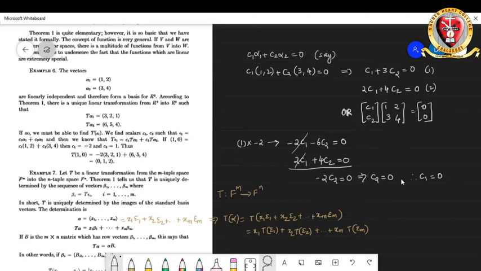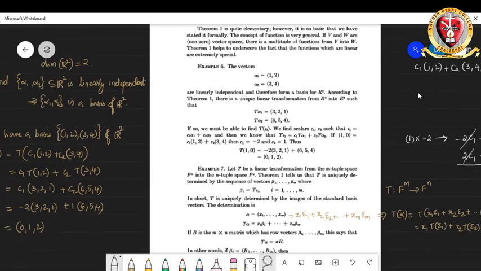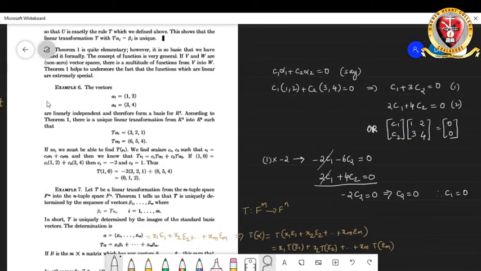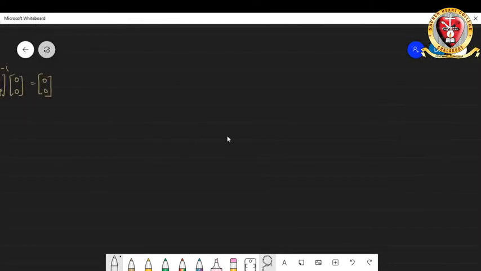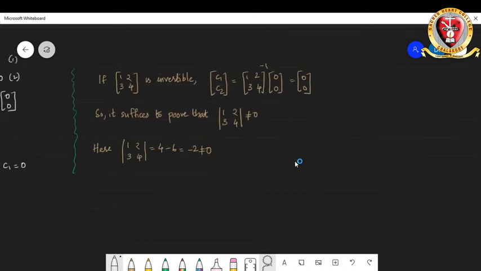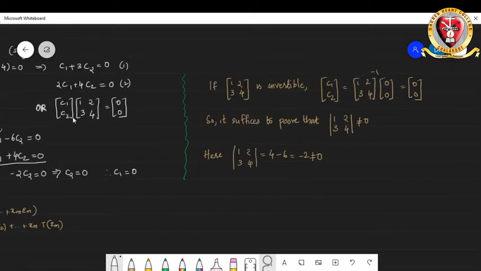That means the two elements, ordered pair (1, 2) and ordered pair (3, 4), are linearly independent, right? And there is also a useful result. Suppose we had written the matrix format of the system of linear equations.